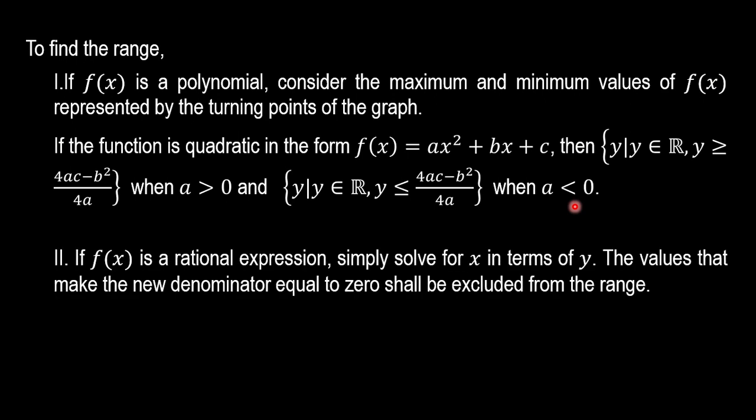If the function is a rational expression, simply solve for the values of x in terms of y. The values that make the new denominator equal to 0 shall be excluded from the range. We can use the inverse function. But in the following rational functions where we identify the domain and range, we simply recognize the asymptotes and the hole to identify the range of the function.